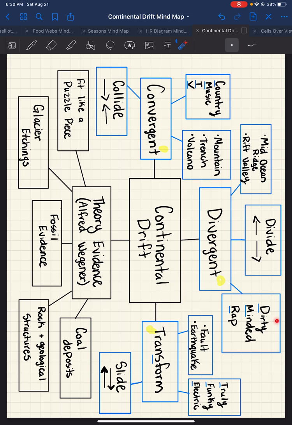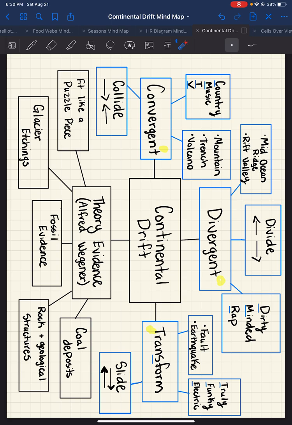Divergent also has a silly saying to help you remember the type of plate boundary and the things that it produces. Dirty-minded rap stands for divergent, which creates mid-ocean ridges and rift valleys.